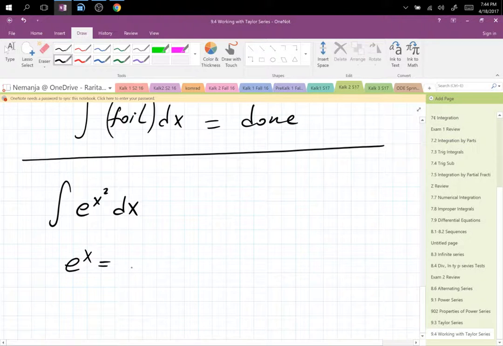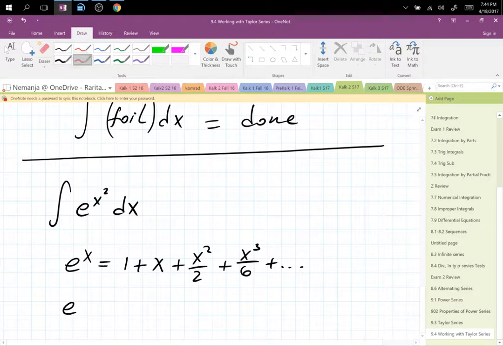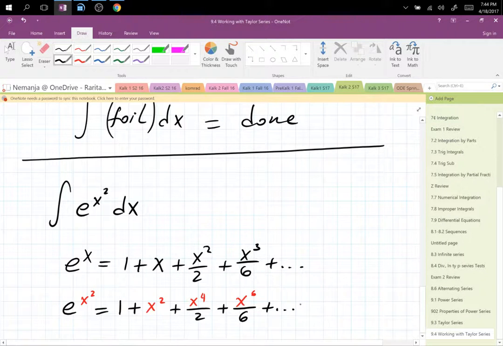e to the x is 1 plus x squared over 2 plus x cubed over 6 plus whatever. And then you say, then e to the x squared must be 1 plus x squared plus x to the 4th over 2 plus x to the 6th over 6 plus going on forever.